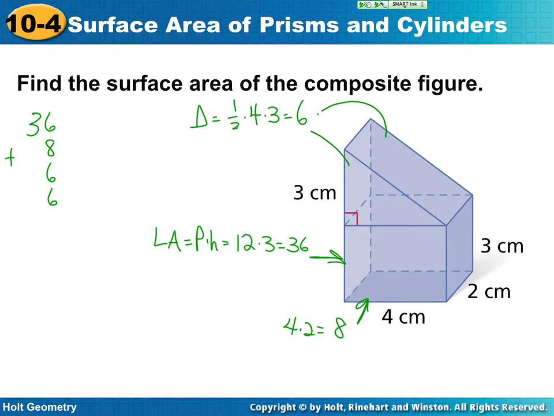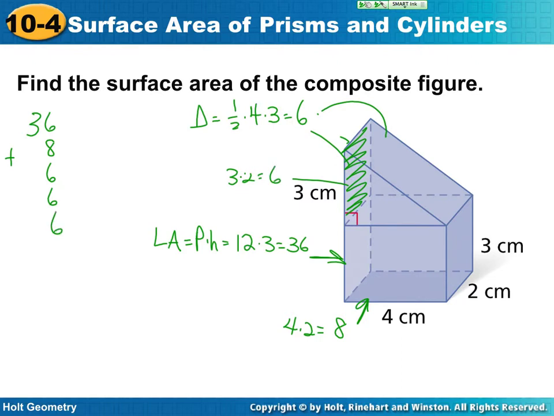Okay, what do I still need? I think I need these 2 rectangles, right? Now on my model, they're the same, but they're really not up here. Okay, this rectangle is what by what? 3 by 2. Yep, the 2 is that width. So this one is 3 by 2, which is another 6.